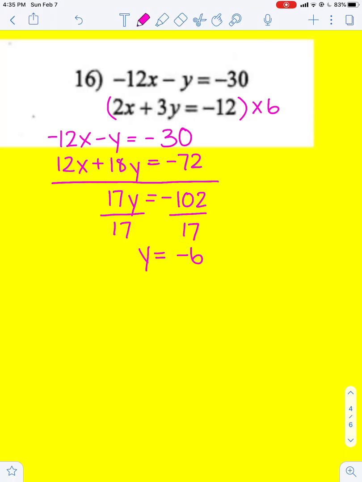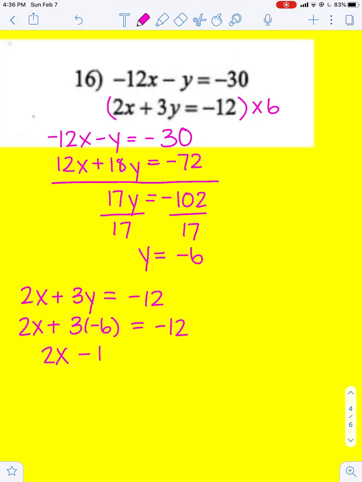So now I'm going to use 2x plus 3y is equal to -12. So 2x plus 3 times -6 is equal to -12. That is 2x minus 18 is equal to -12.